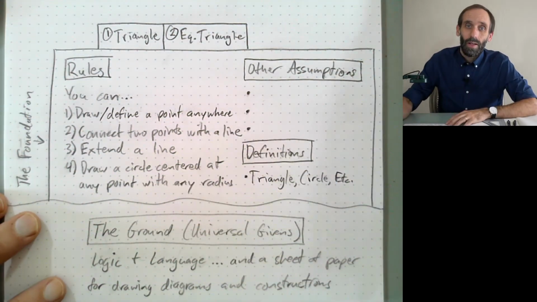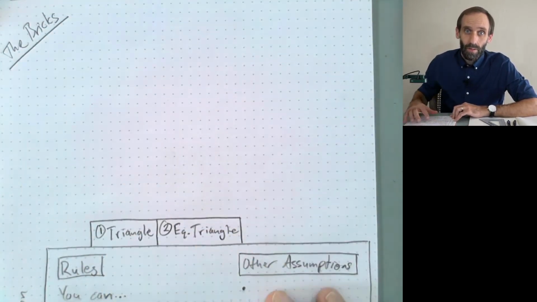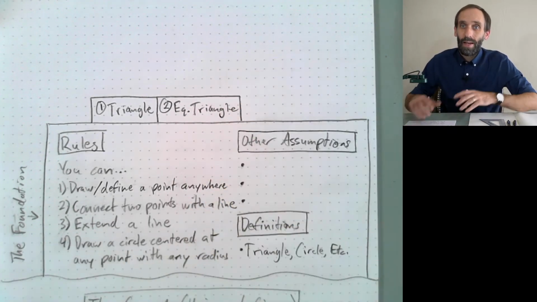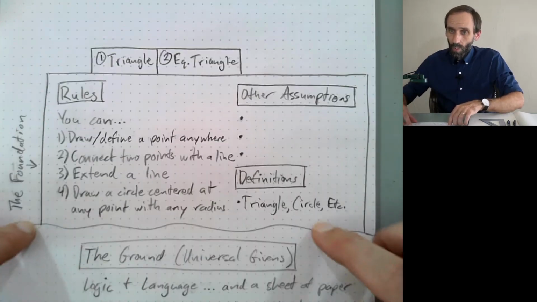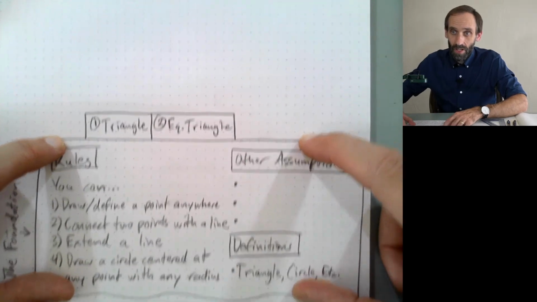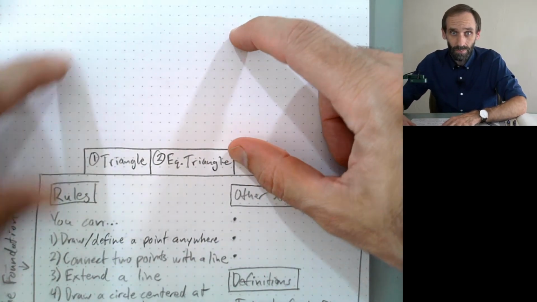Part number two. Now let's move on to part number three, which is the bricks. The bricks are facts that have been proven to be true within this system. Within this ground, or on top of this ground, built on this foundation, all these bricks are true. They're facts.